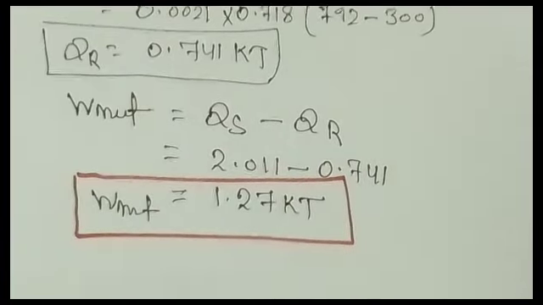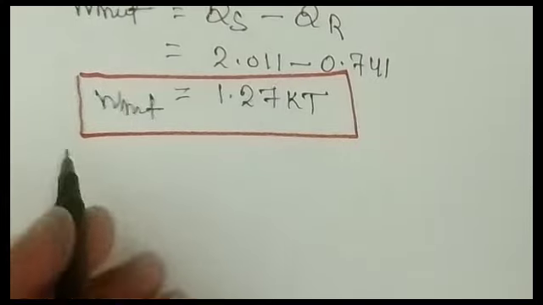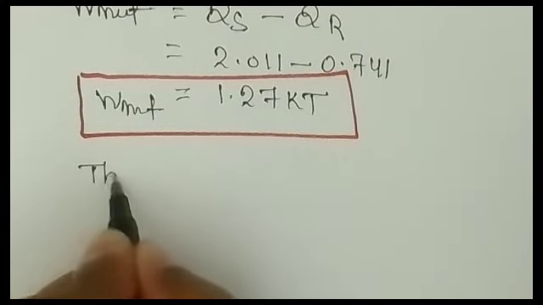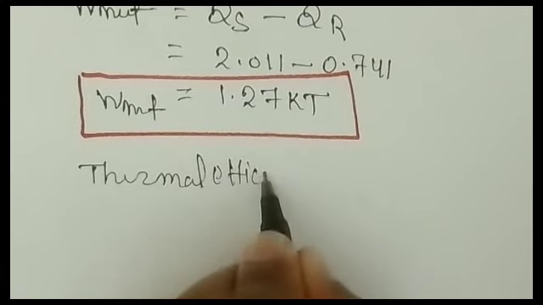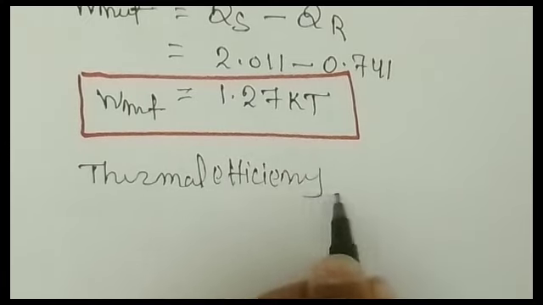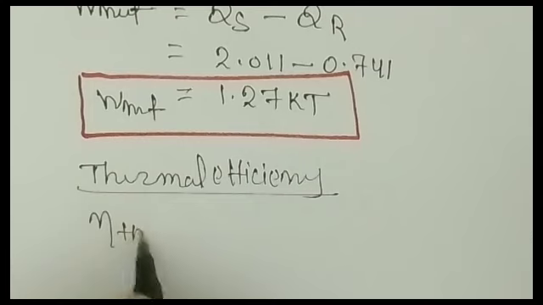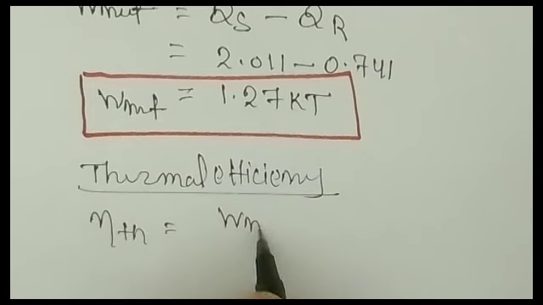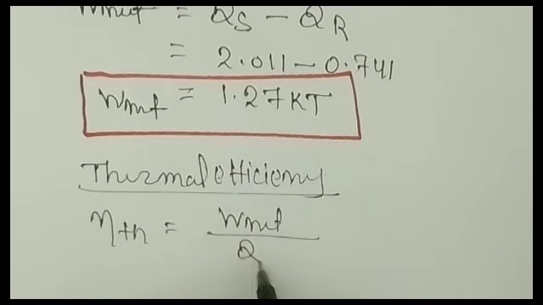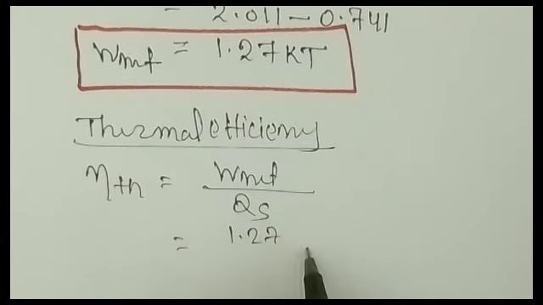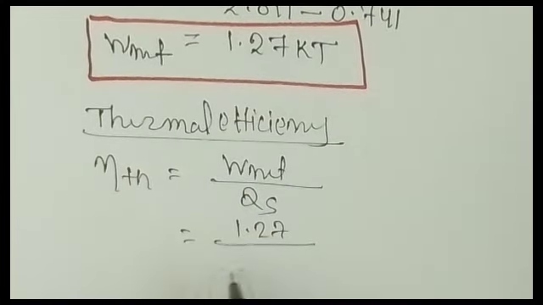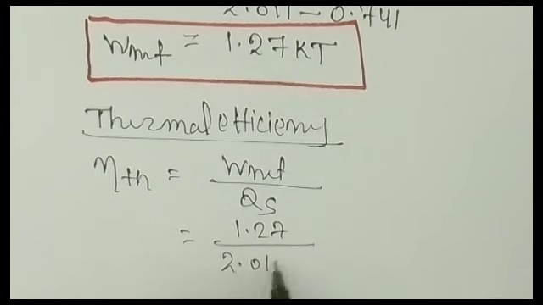Next we need to find out the thermal efficiency. Thermal efficiency is how much? That is eta th is equal to W net by heat supplied. So W net is 1.27, and the heat supplied is 2.011.